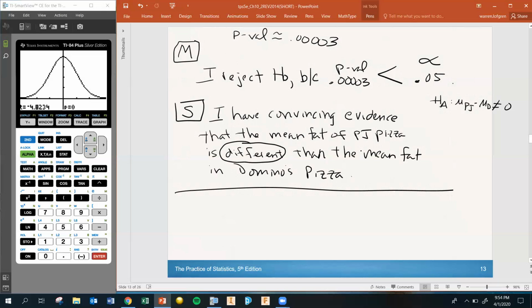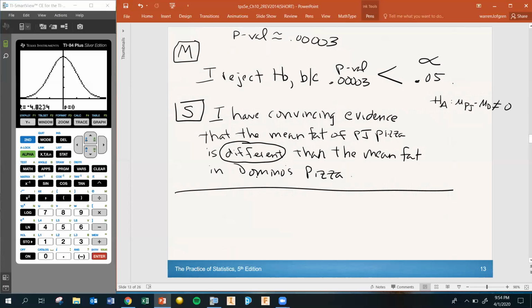Now, what we'll do to finish up, I'm going to go ahead and stop this video here in a second. We'll do the rest of it in a second video. But leaving you with this conclusion, it kind of just leaves you hanging. If you think you have evidence that the mean amount of fat in the two pizza chains is different, then it might make you think, oh, if they're different, then how different are they? Which one's higher? Which one's lower? How much higher?